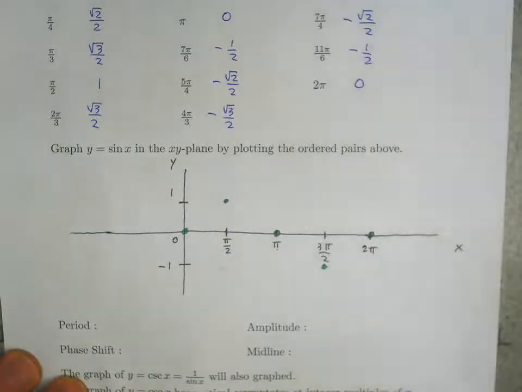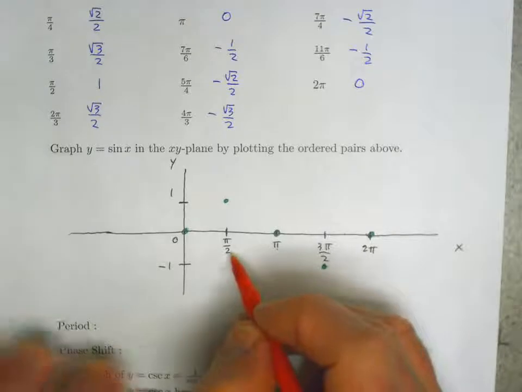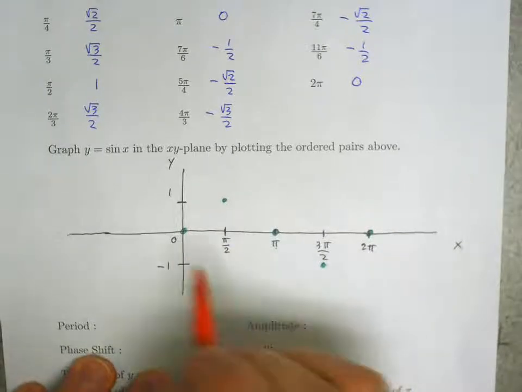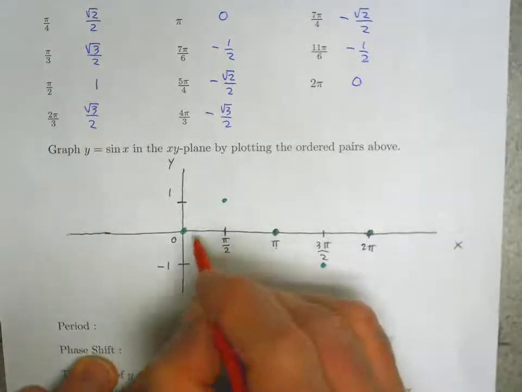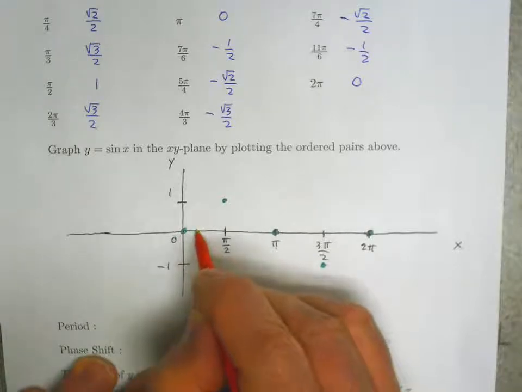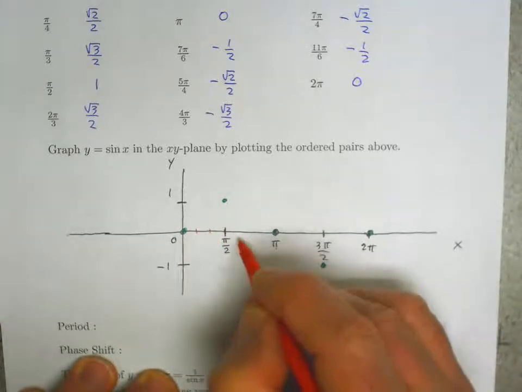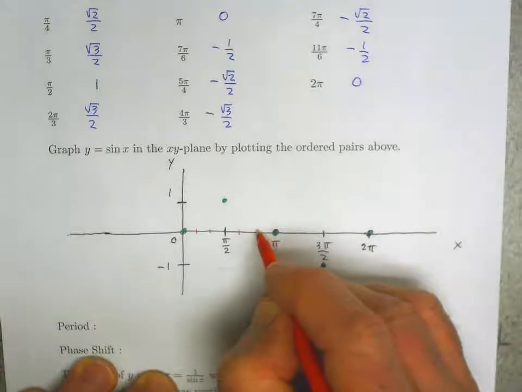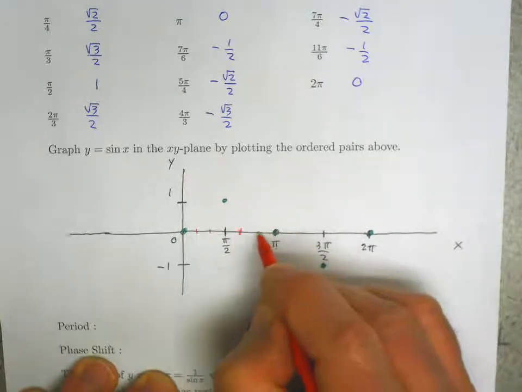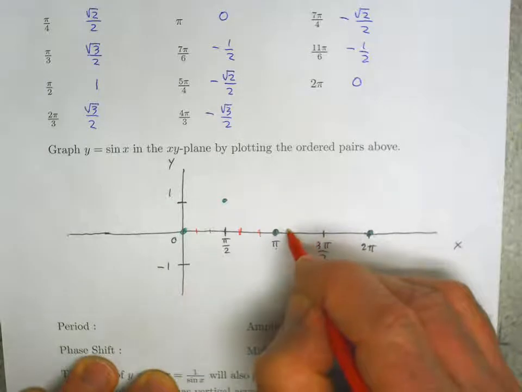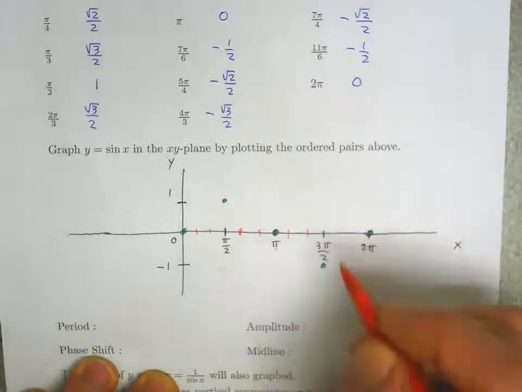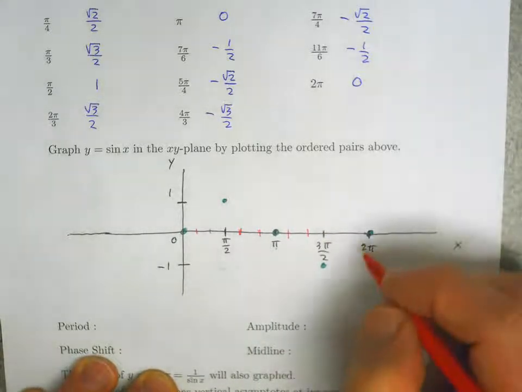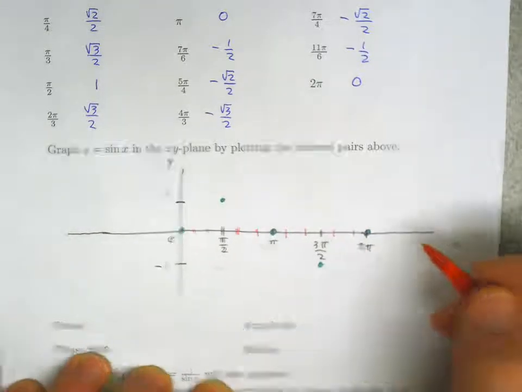I'll just point out what goes on in between those. Pi over 6 is a 30-degree angle, so it's about right here. Then pi over 3. And then 2 pi over 3, roughly, and 5 pi over 6, then 7 pi over 6, 4 pi over 3, 5 pi over 3, and 11 pi over 6.